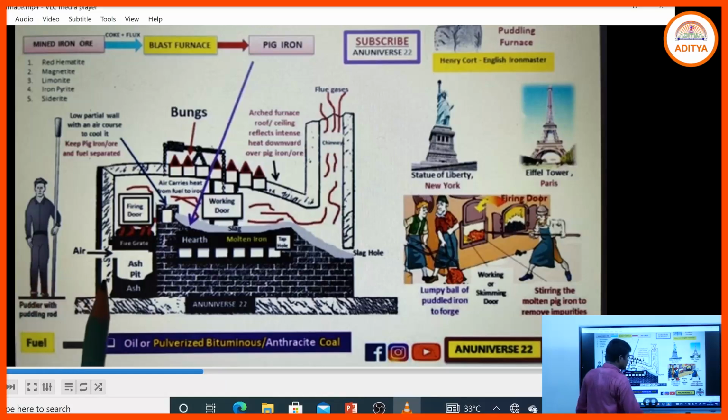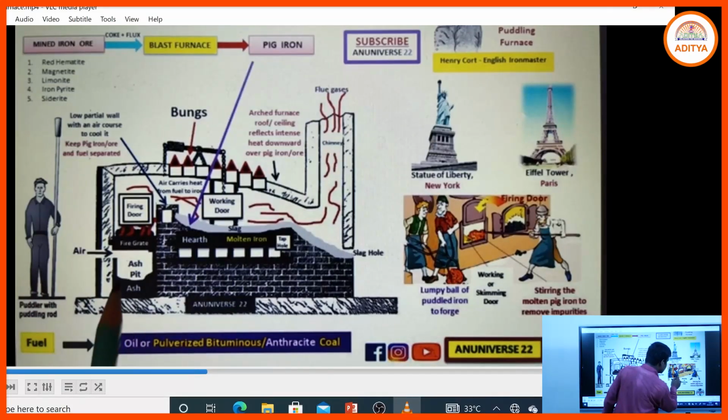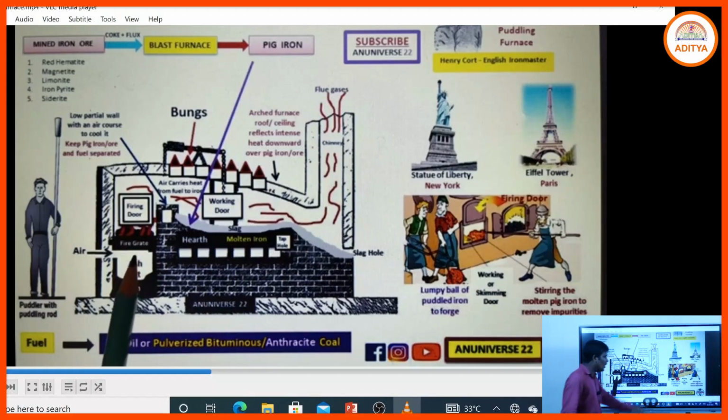Here we can see the puddler man, who removes the impurities and helps remove the slag.